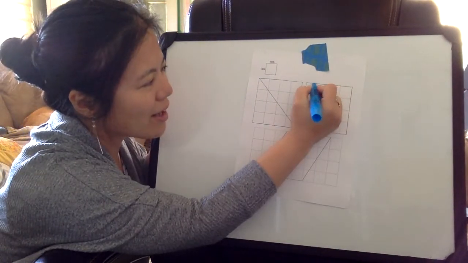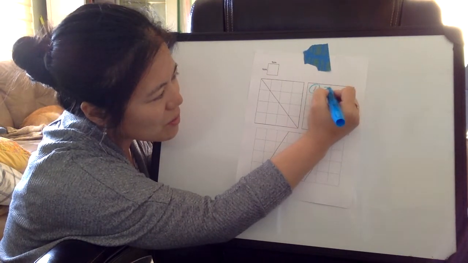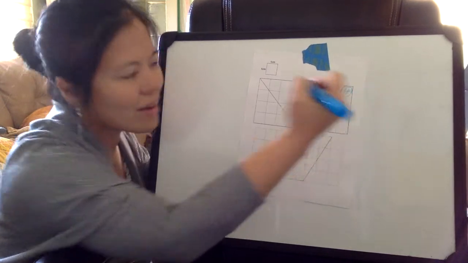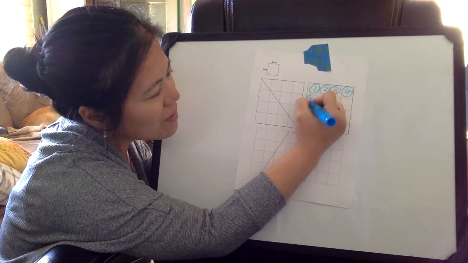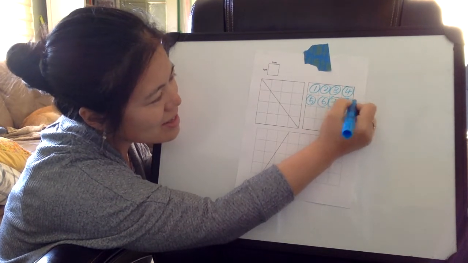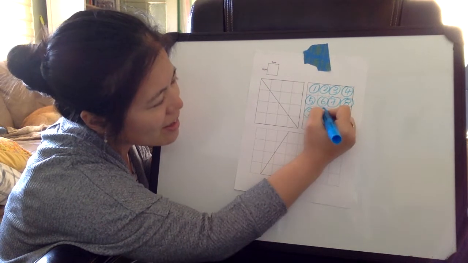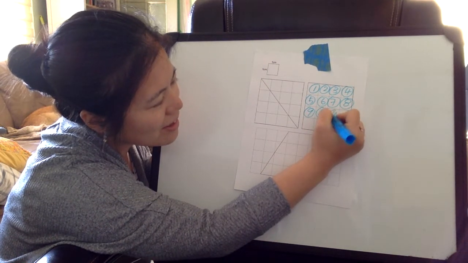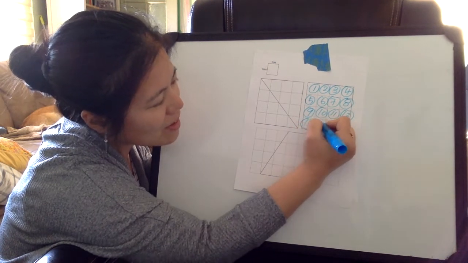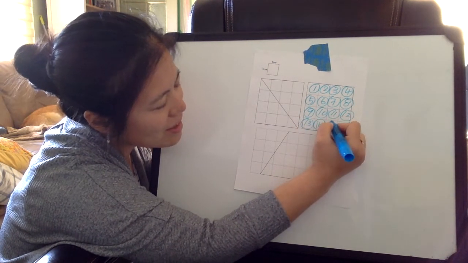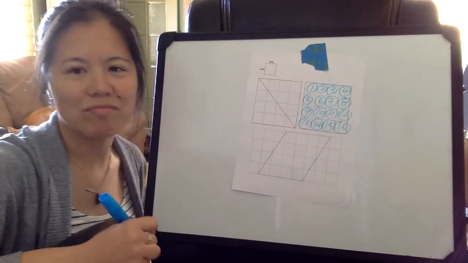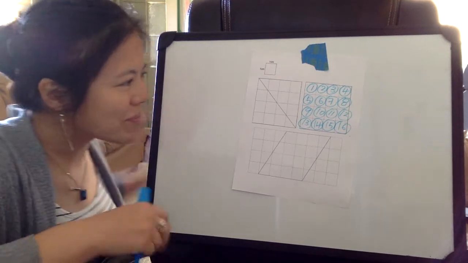I'm going to count 1, 2, 3, 4, right? 5, 6, 7, 8, 9, 10, 11, 12, 13, 14, 15, and 16. Seems legit.